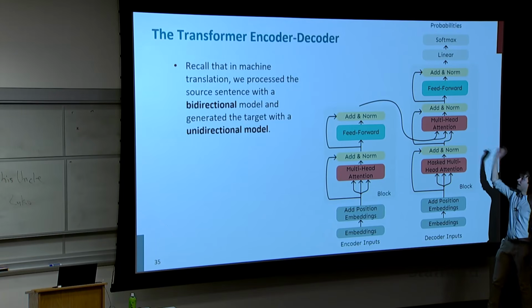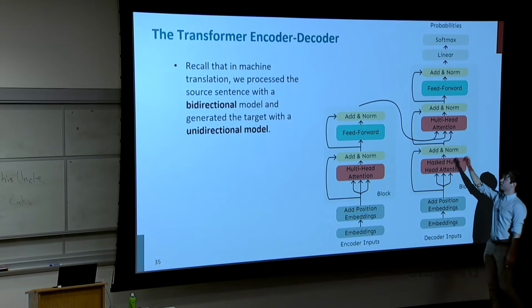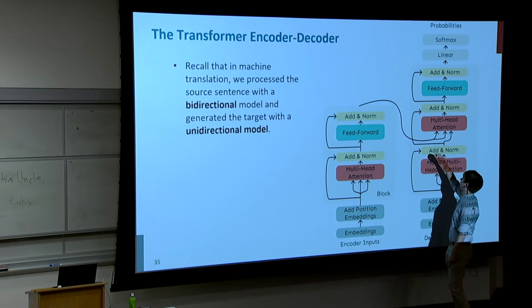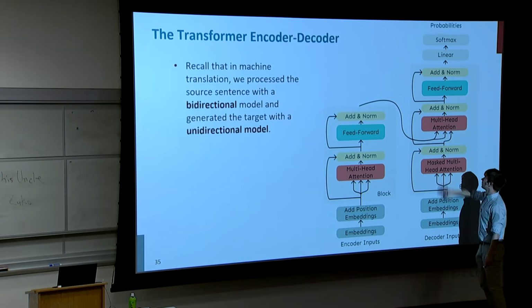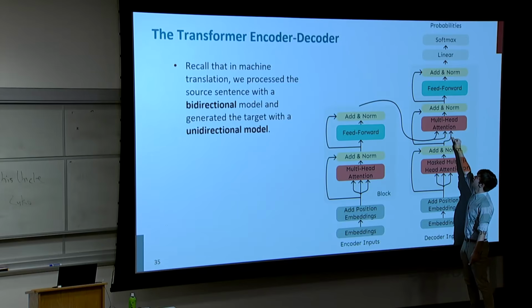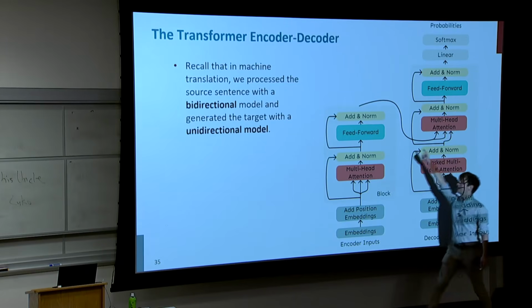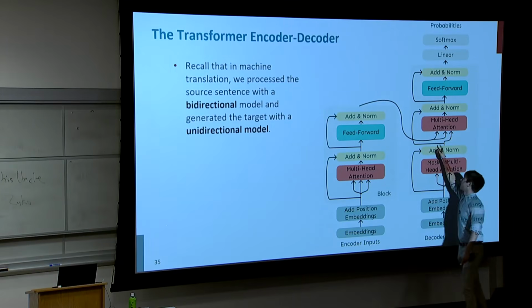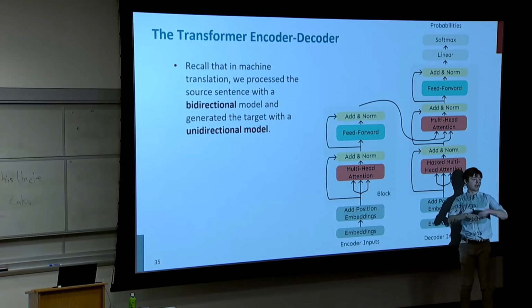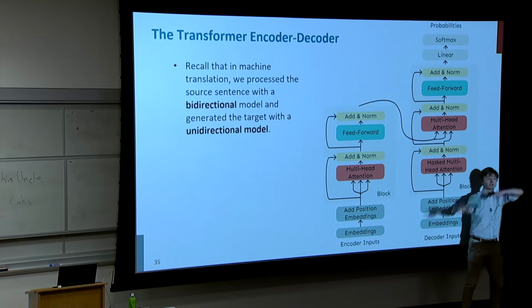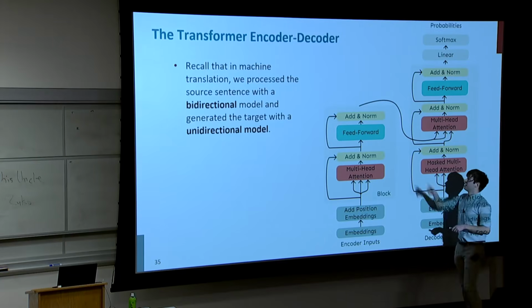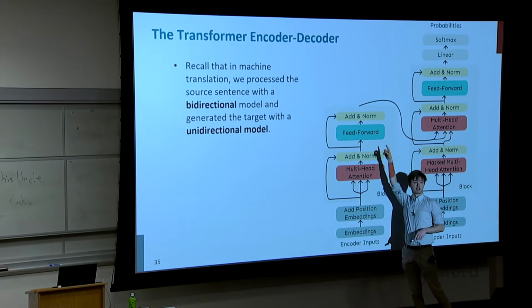But now I have an extra operation, called cross-attention, where I use my decoder vectors as my queries, but then I take the output of the encoder as my keys and values. So now for every word in the decoder, I'm looking at all the possible words in the output of all of the blocks of the encoder.